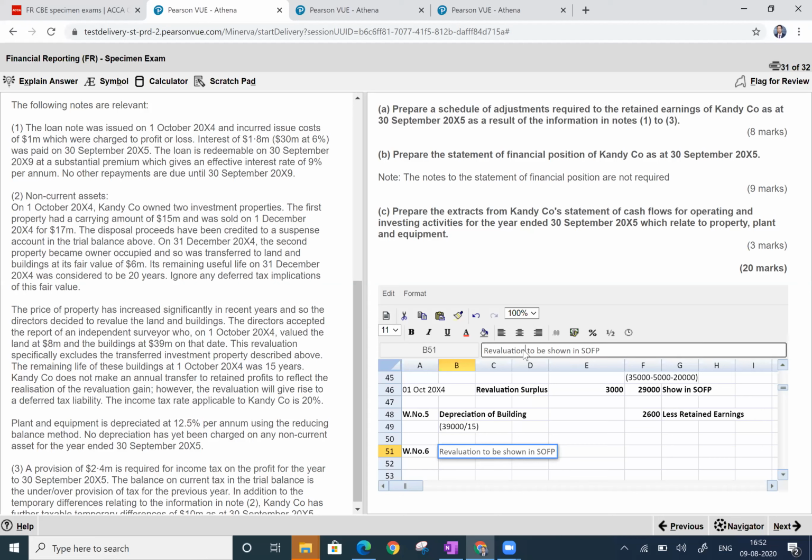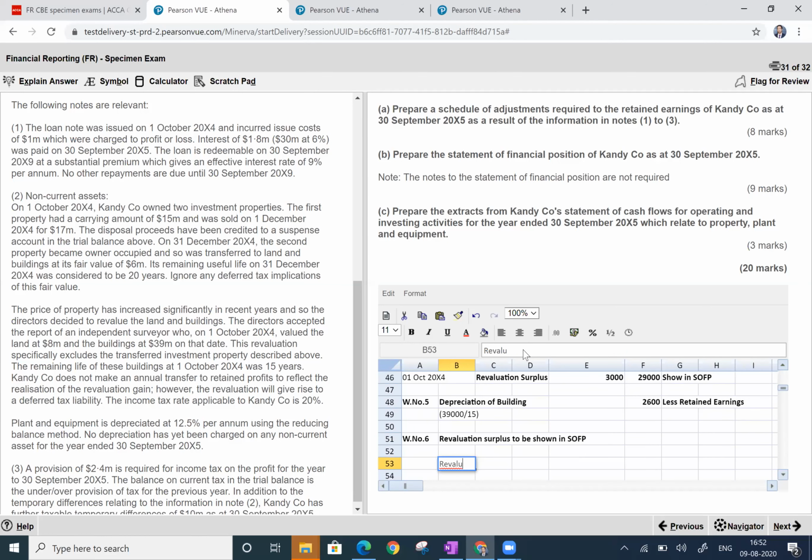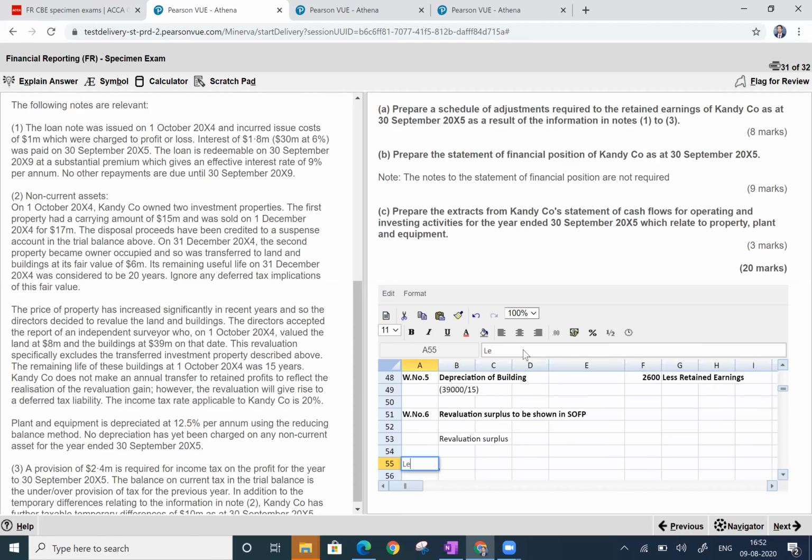Revaluation surplus. The same adjustment is being repeated. What's the amount you have to show? I'm just showing here revaluation surplus less deferred tax. I'm showing deferred tax separately itself. Then you will get revaluation surplus to be shown in SOFP.